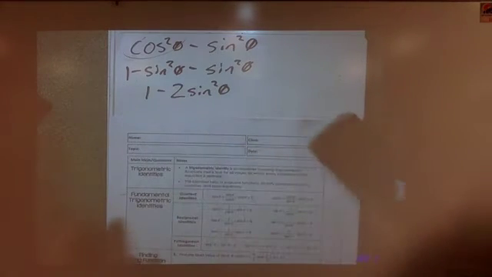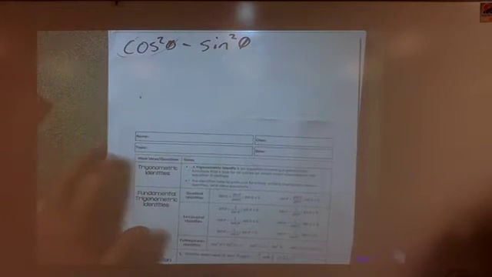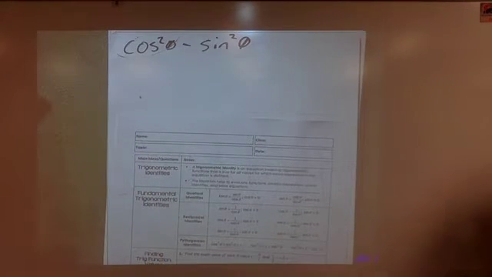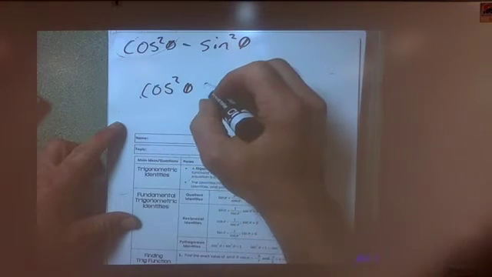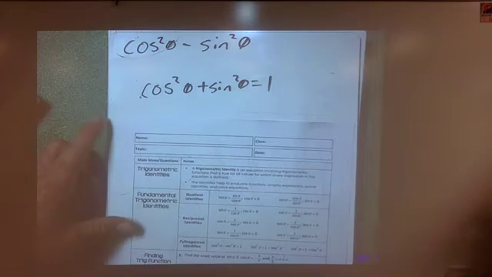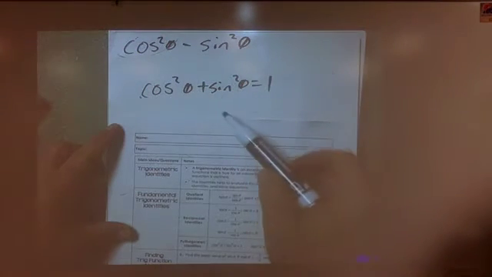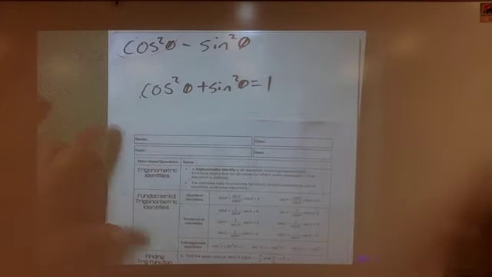So maybe we can try substituting out the sine, or solve for negative sine squared. We'll start with our identity here. That's the identity. We could subtract sine to the other side. And do I like that?